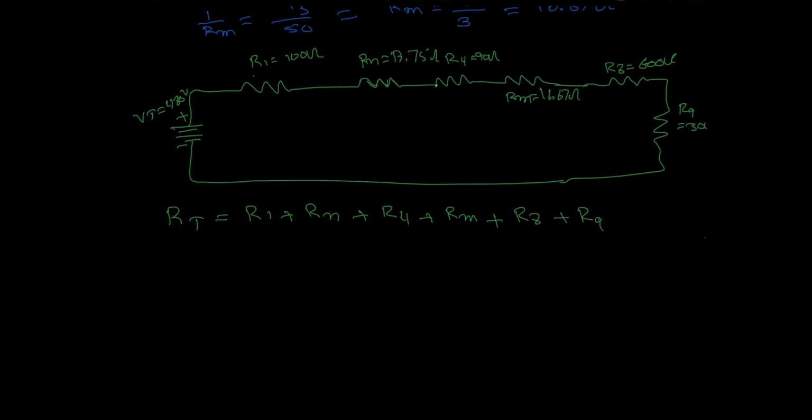We add them together and we get 100 plus 18.75 plus 90 plus 16.67 plus 600 plus 30. That will give me 855.42 ohms.